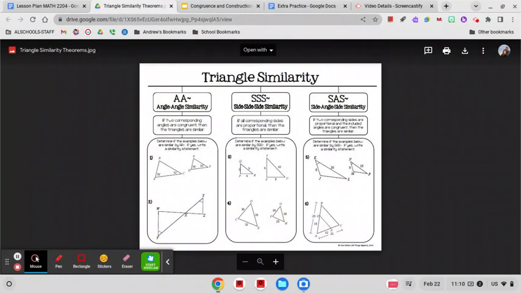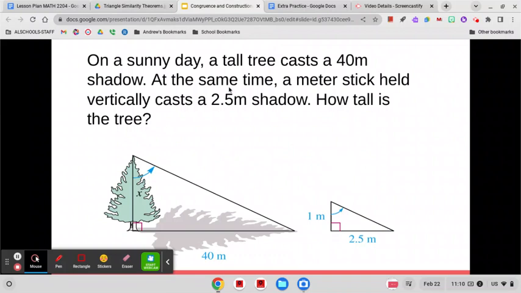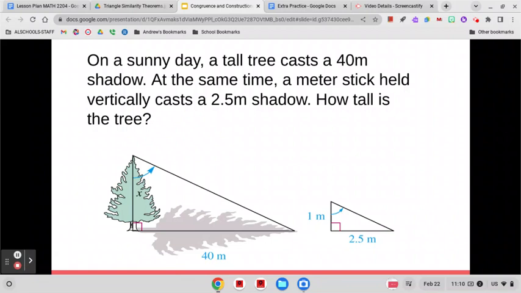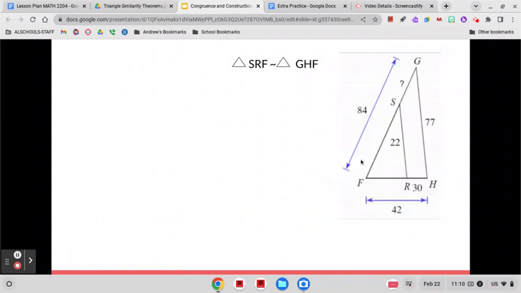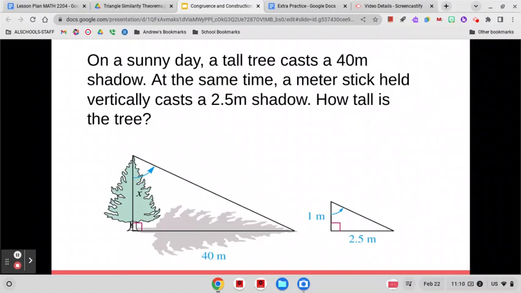So if you don't have your own copier or printer, you can have a copy of it, but you can use that for notes. All right, what I'd like you to do now is I'm going to work through one problem with you of solving using similar triangles, and then I'm going to ask you to do a couple on your own, and that'll be it.